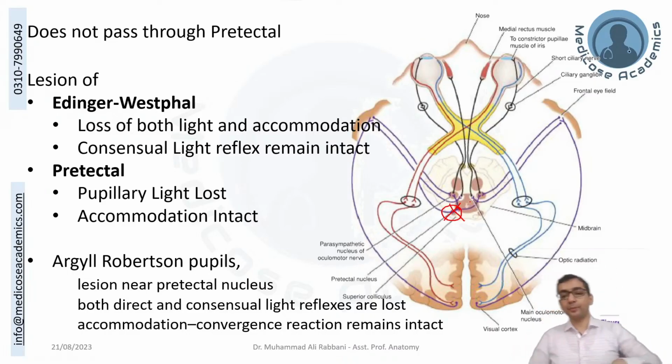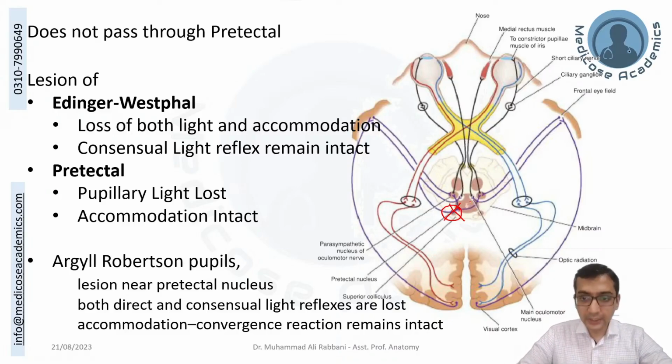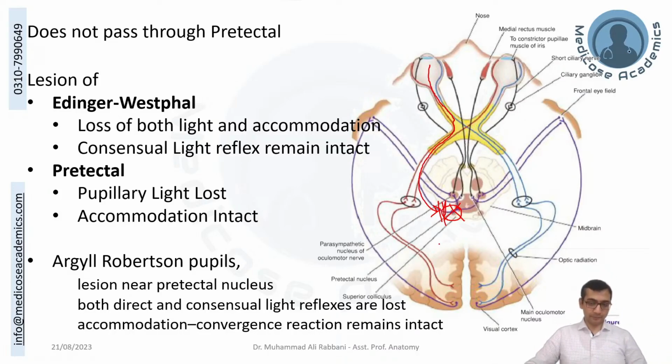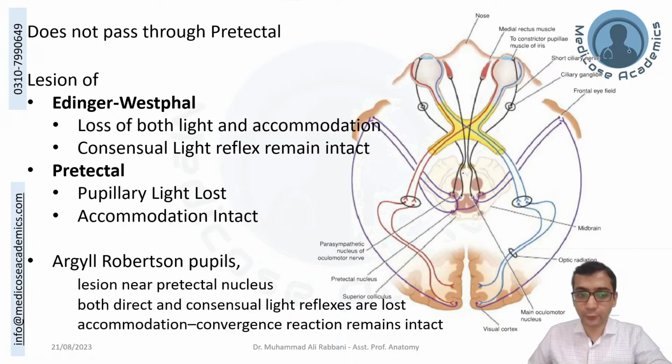If there is a loss of the pretectal nucleus, then the light reflex will be affected, because the signal coming from the retina, optic nerve, chiasm, tract has to go through the pretectal nucleus. It will be blocked here. The light reflex will not be working fine. However, the accommodation reflex works fine because it bypassed the pretectal nucleus.